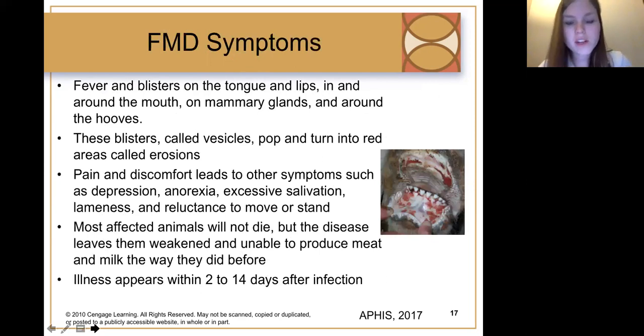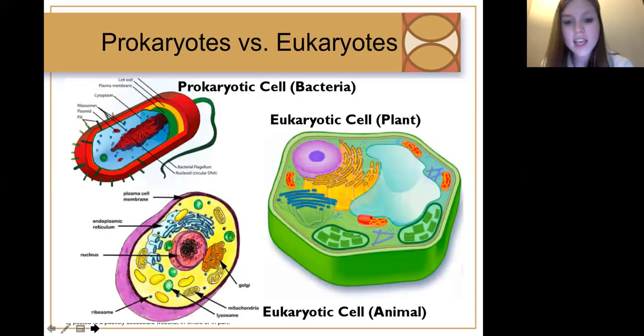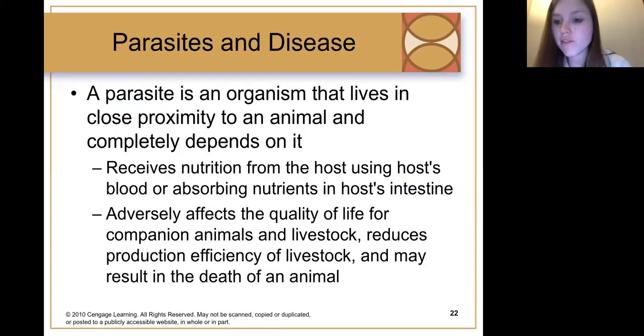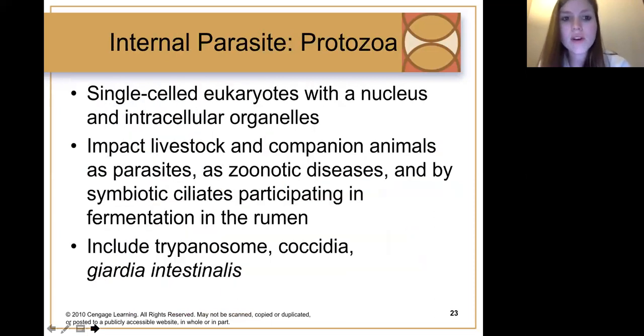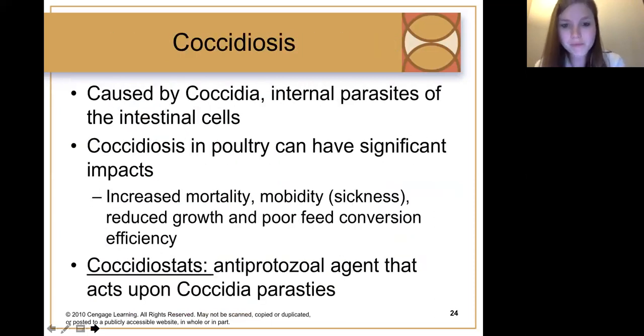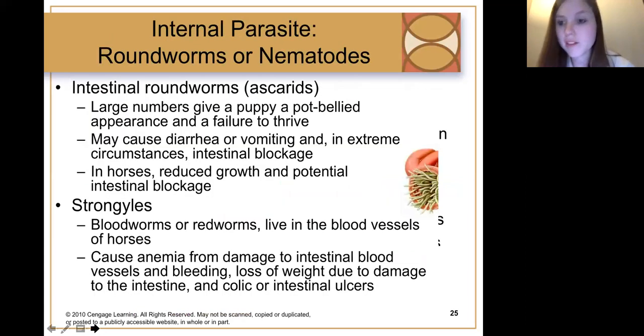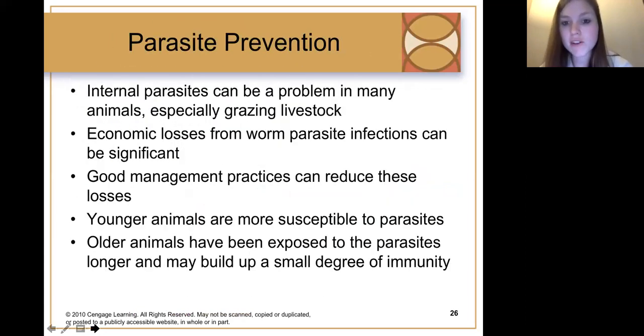So we talked about a lot of different parasites, and how you can have internal or external parasites, and that they're organisms that live close to the animal or in proximity and completely depend on the animal. There are a lot of different ways to prevent parasites. Parasites are a really big deal because they can cause economic losses, especially internal parasites, so you need good management practices.